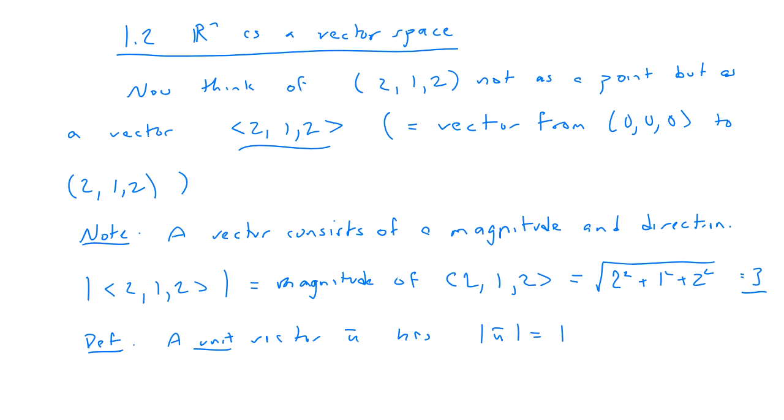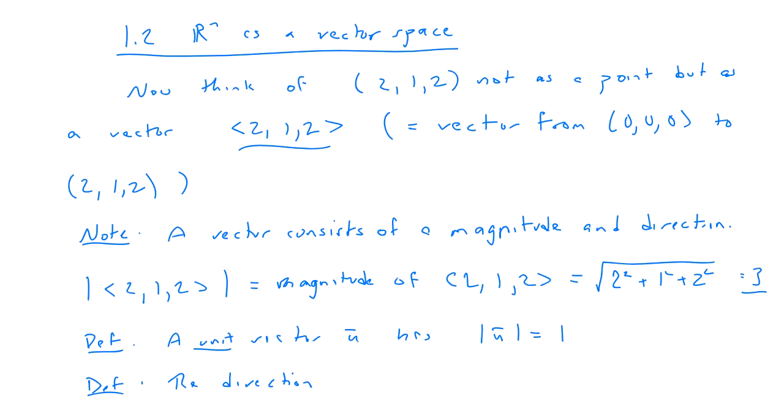Before I do direction, so that's length or magnitude. A unit vector U has a length of 1. That's the definition. Kind of a circular definition, but it works.